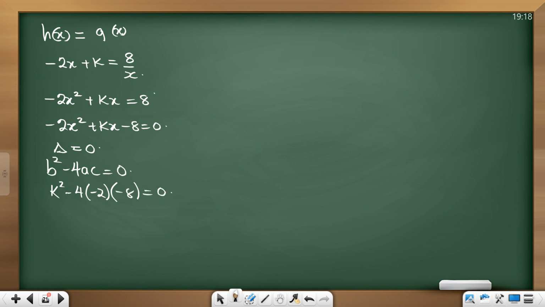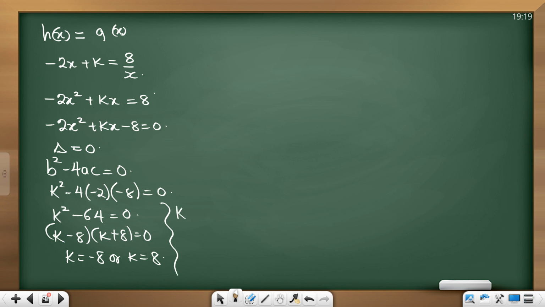Negative 8, equals 0. 8 times 8, negative 64. Beautiful. What is this? k minus 8, difference of squares there. So k is equal to negative 8, or k is equal to what?